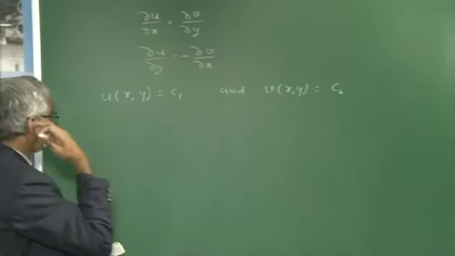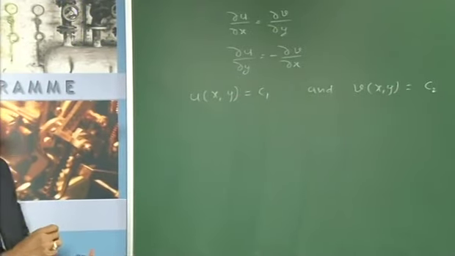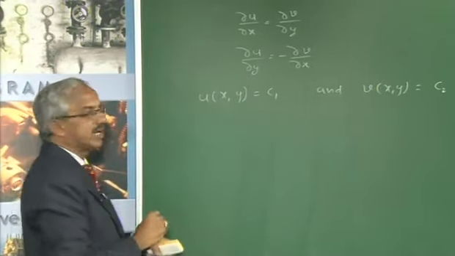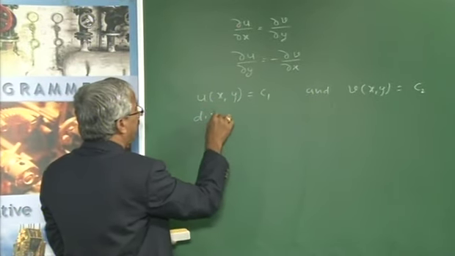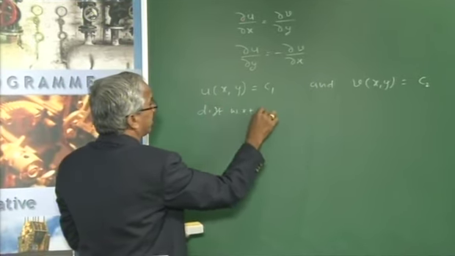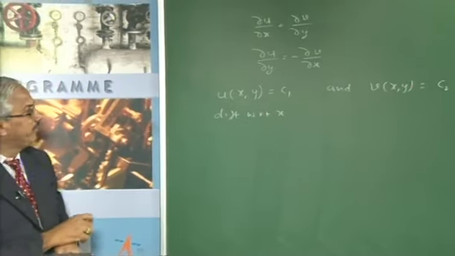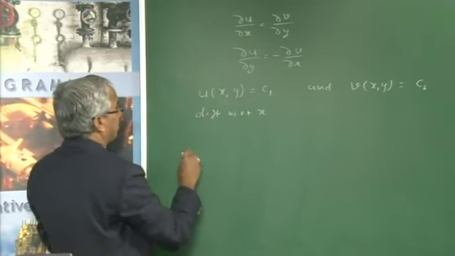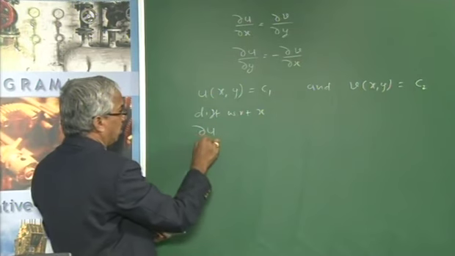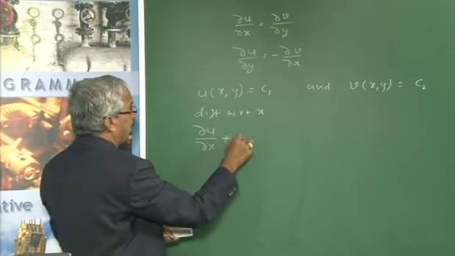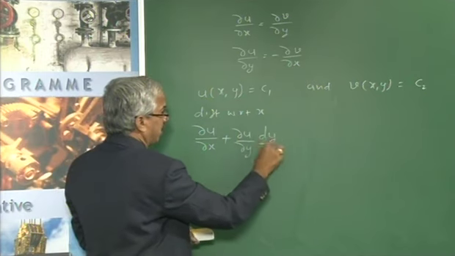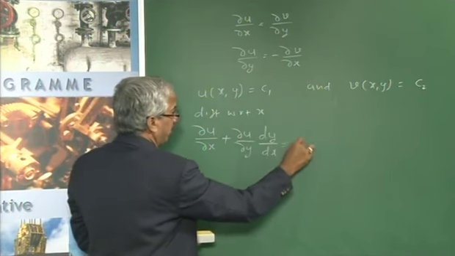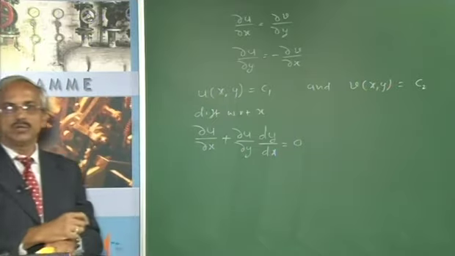Differentiating with respect to x, and by the total differential property, I get dou u by dou x plus dou u by dou y. Since y is a function of x, therefore dy by dx is equal to 0.